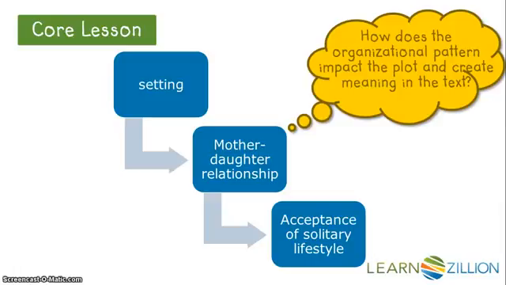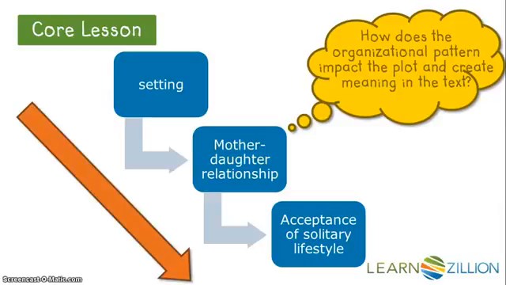By using order of importance as the organizational pattern of the opening paragraph, Wharton is moving from the external into the internal. Yes, the external view from Mrs. Manstey's window is important to the plot, but it's not the most important part of the story. The most important parts of the story deal with who Mrs. Manstey is, because in finding out who she really is, we can justify her actions in the end.